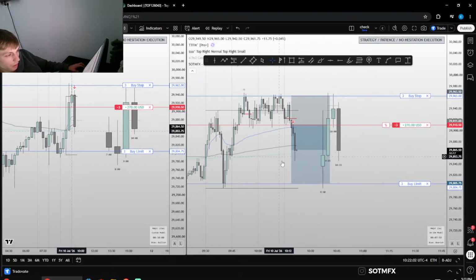All right, so we are closing below the New York VWAP, or I mean overnight. So let's see if price continues pushing lower.